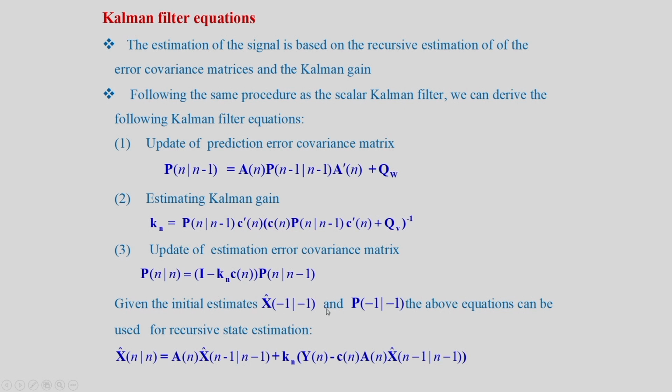Now, given these initial estimates x hat minus 1 given minus 1 and P minus 1 given minus 1, the above three equations can be used to recursively estimate the state, and the recursive state estimator is given by x hat n given n is equal to A n into x hat n minus 1 given n minus 1 plus Kalman gain K n into Y n minus C n into A n into x hat n minus 1 given n minus 1.